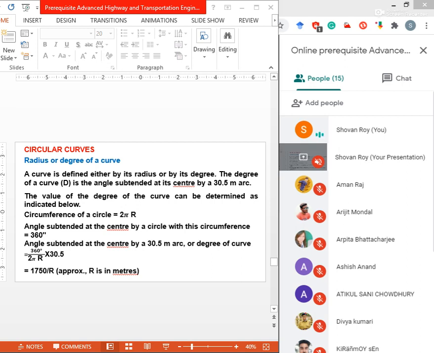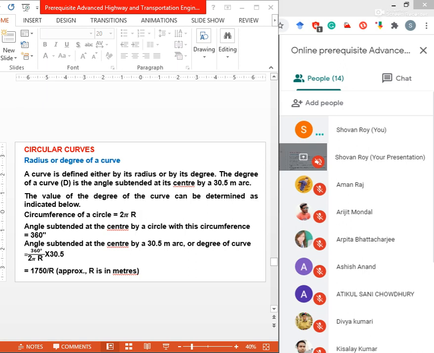The degree of a curve, denoted by capital D, is the angle subtended at the center by, suppose, a 30.5 meter arc. An arc is a part of the circle, and this arc is subtended at its center.